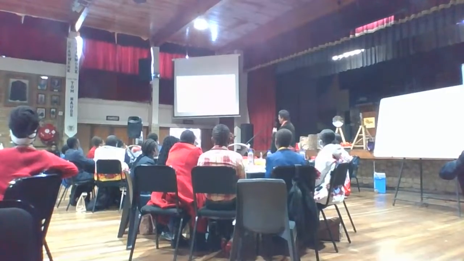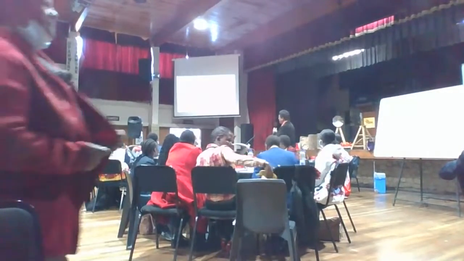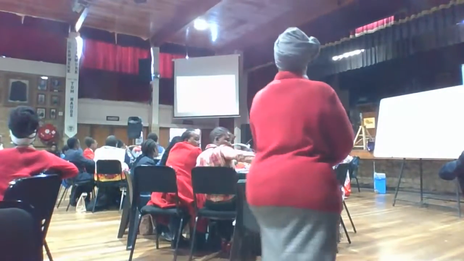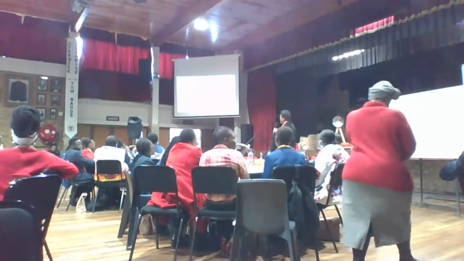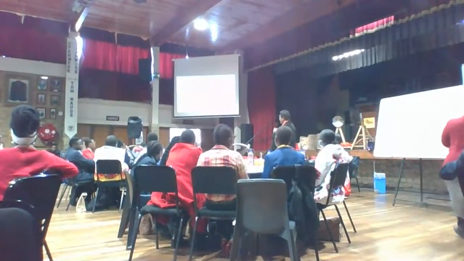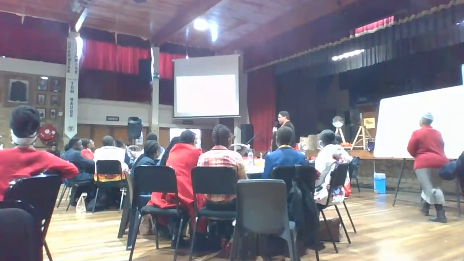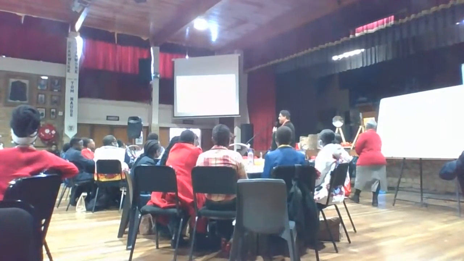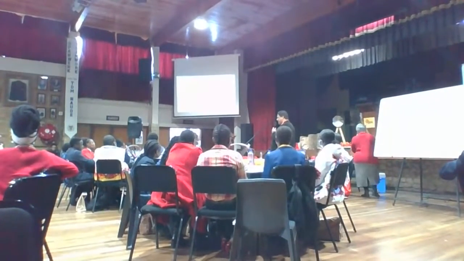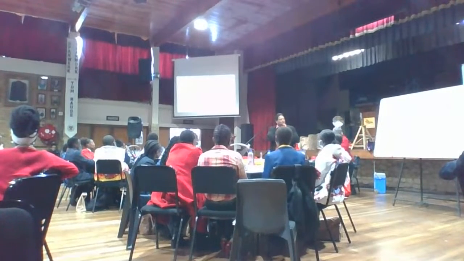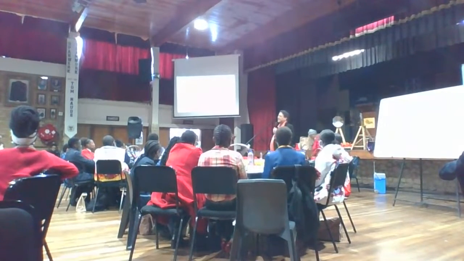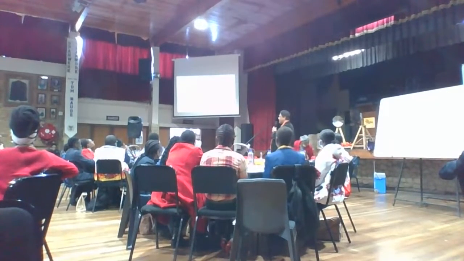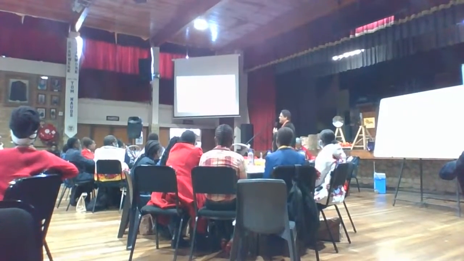So here we start from A to D and then D to B. You see that? Here we must go from A to E and then from E to C. The jumps on the one side must be the same as the jumps on the other side because it satisfies our equivalent fractions. Whatever you do to the numerator, whatever you do to the denominator, you must do the same.